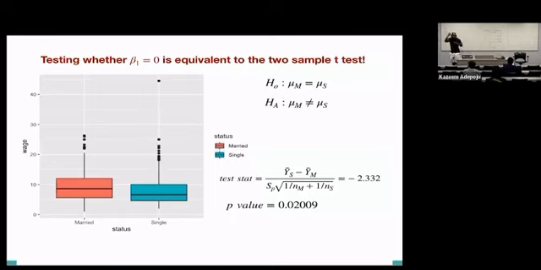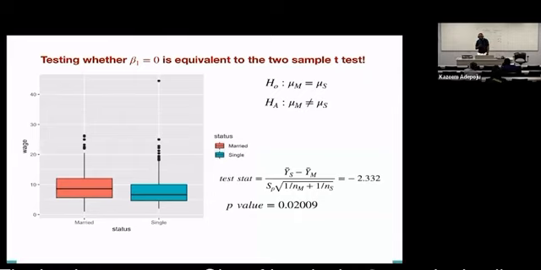Beta 1 equal to 0. You remember yesterday we did that, right? How you can test the significance of beta 1. So what we're trying to say is that a two-sample t-test is equivalent to dummy regression. That's what we mean.